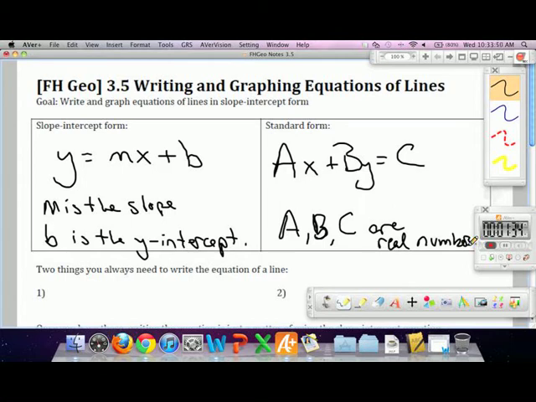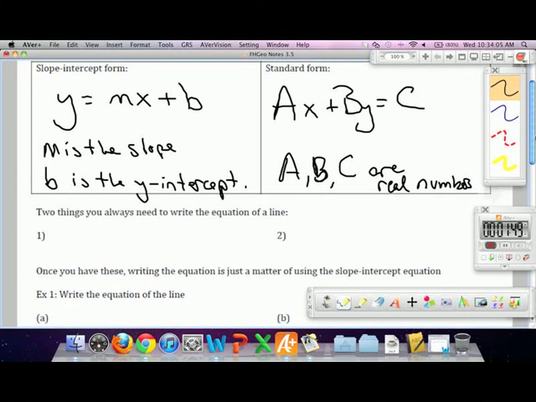Side note, there are other forms of lines as well, like point-slope form, which you may recall, and so forth, but these are the two we're going to focus on. Regardless of what form you have, if you want to write the equation of a line, you better either have or be able to calculate these two things.